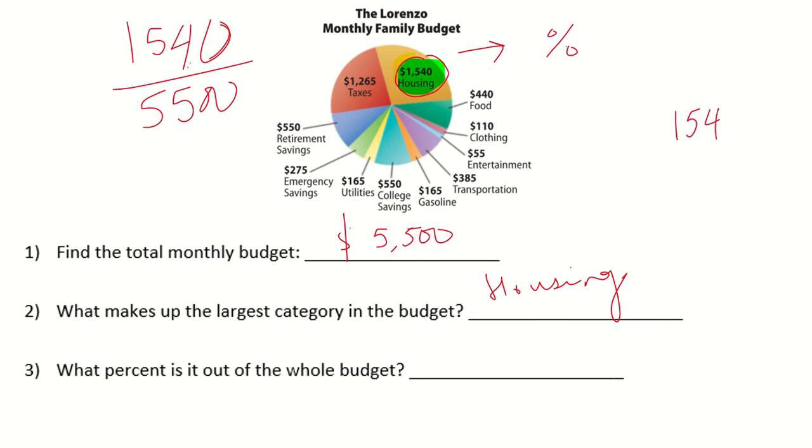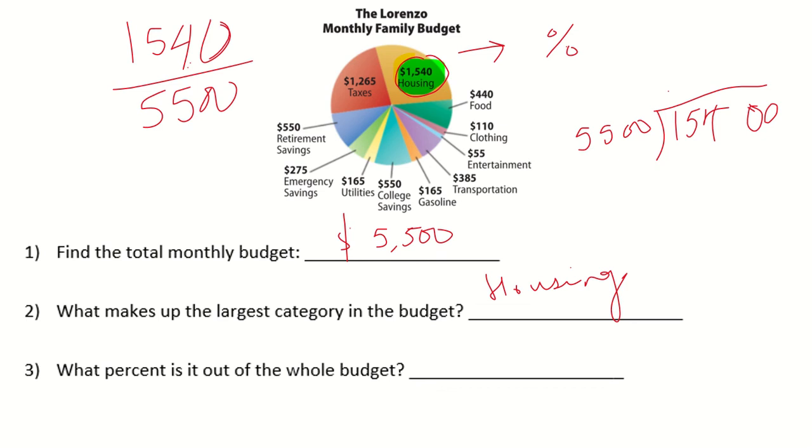1540 divided by 5,500. This is definitely an ugly number.